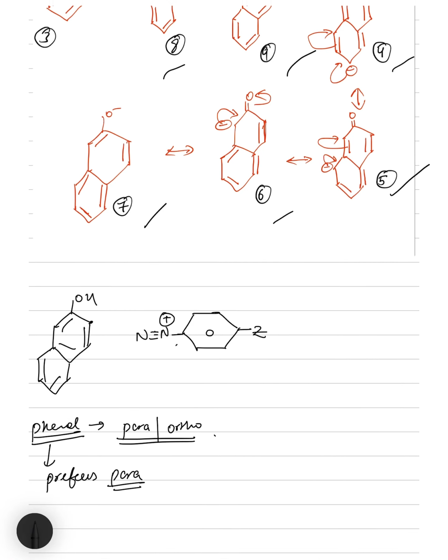What will happen here? This lone pair will move here, then this pi bond goes here. Once this pi bond goes to the carbon, this carbon attains the negative charge, and then this negative charge will attack the nitrogen here, and the pi bond breaks back to go to the nitrogen. And what do we obtain? We obtain the compound like this.